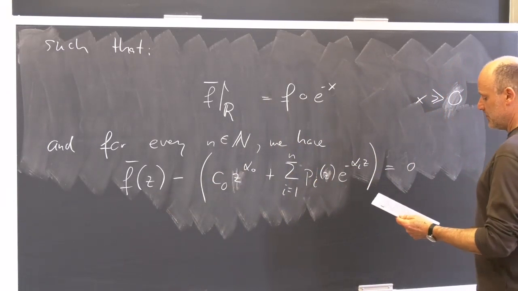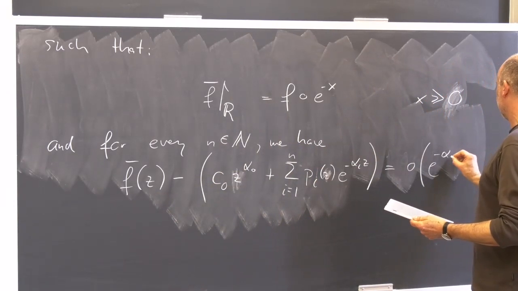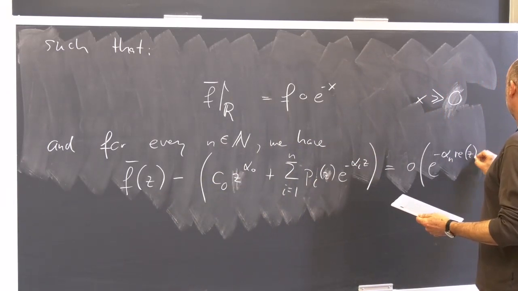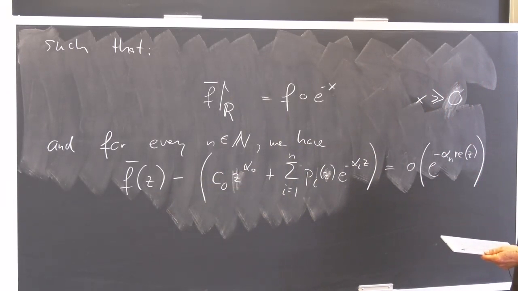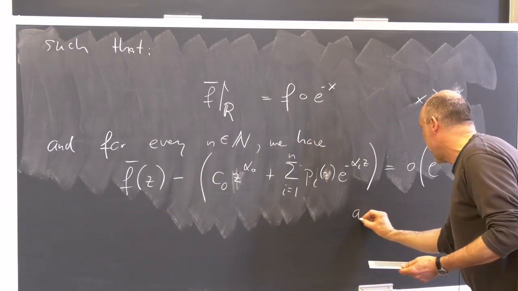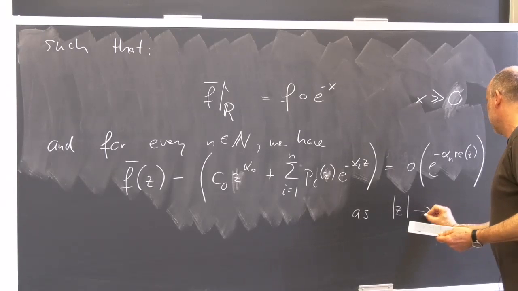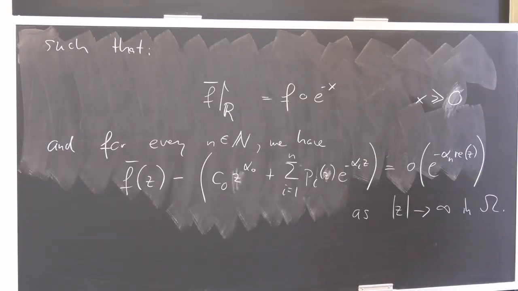So this is going to be little o of e to the minus alpha n times the real part of z, that's just the absolute value of e to the minus alpha n z, as z goes to infinity. This has to happen as z goes to infinity in omega. Okay.